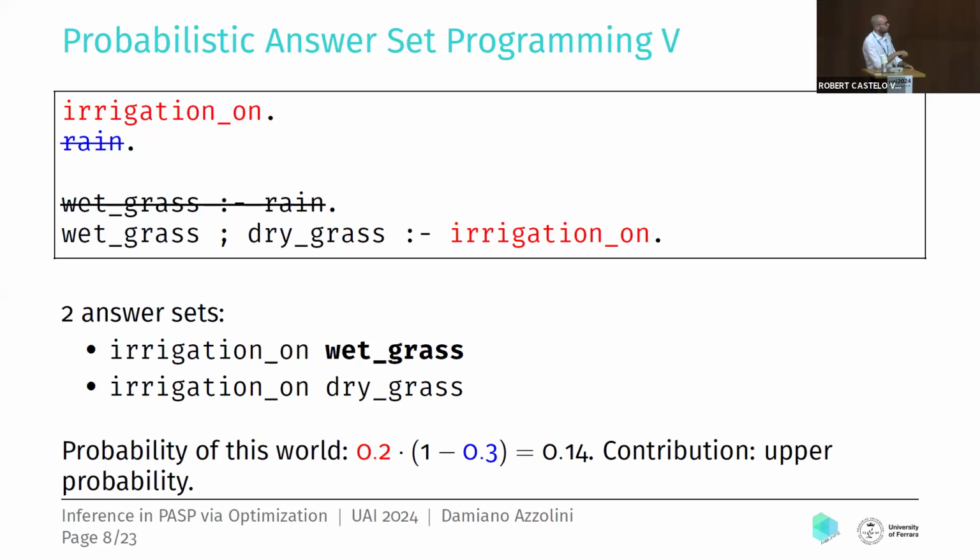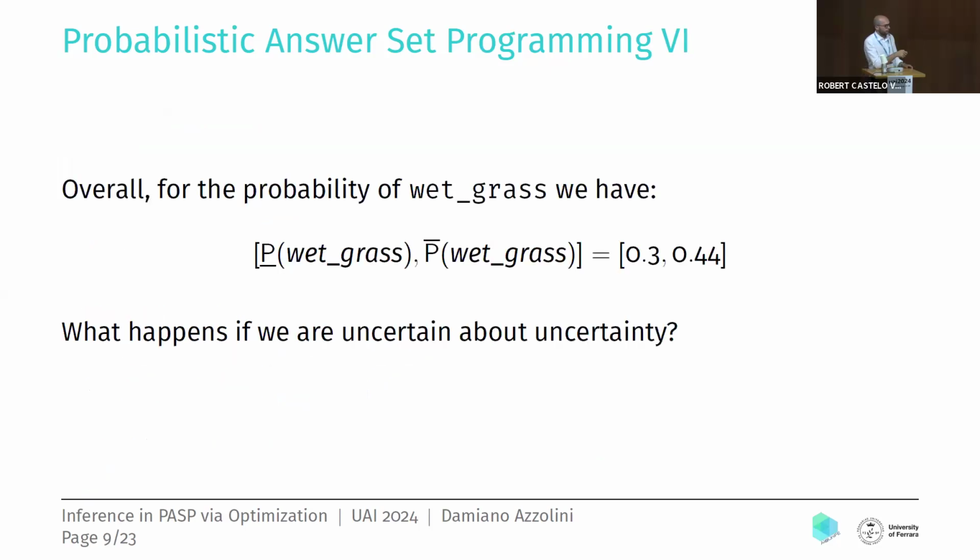So we have a contribution to the probability value of 0.2, since irrigation on is true, times 1 minus 0.3, since rain is false. So we have a contribution of 0.14 only to the upper bound, since the query is present in only one of the 2 solutions. We repeat this process for all the possible worlds, and we get that the probability of wet grass is between 0.3 and 0.44.